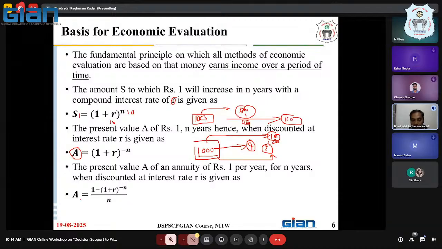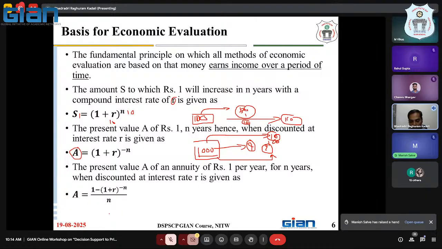Then it can be given as 1 minus (1 plus R) to the power of minus n, divided by R. We have several ways to understand how this money value changes corresponding to the interest rate, that is our discount rate R, and the duration of time, that is n years.